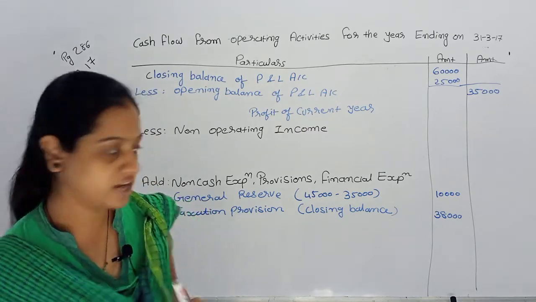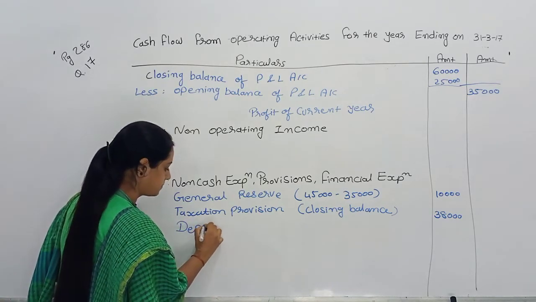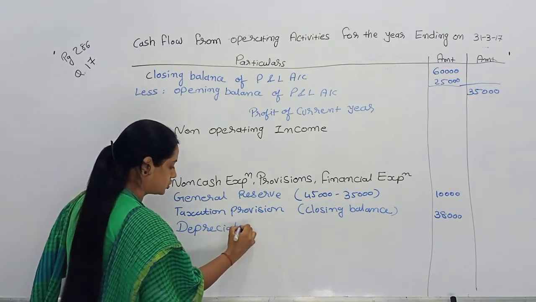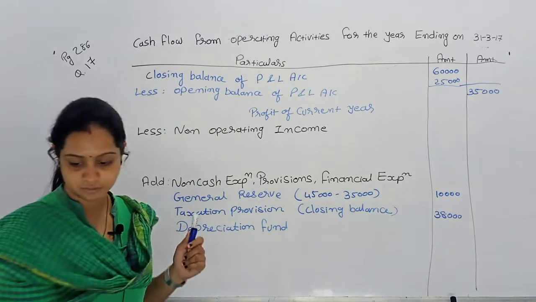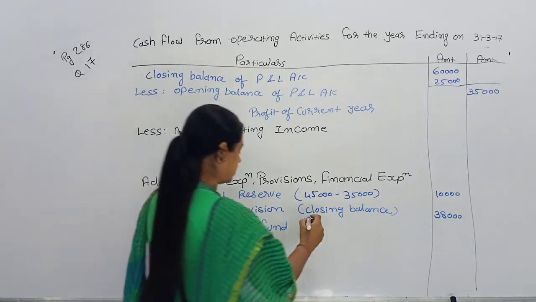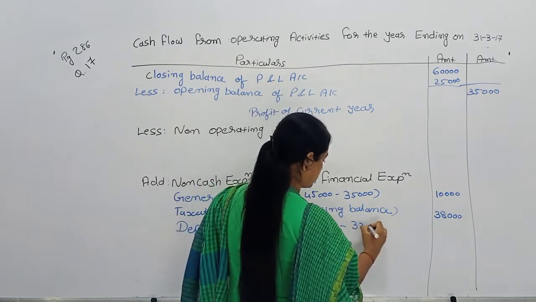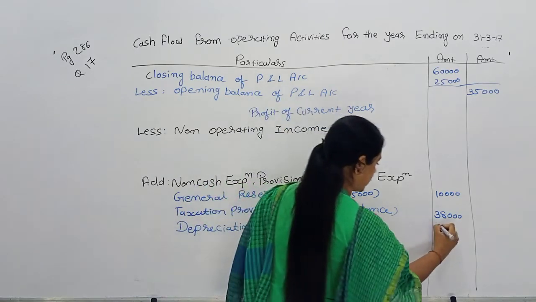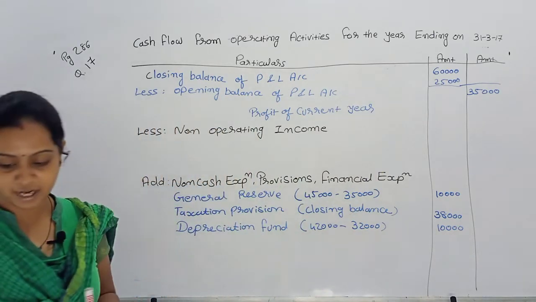Then depreciation fund, that is also our non-cash expense, that's why we'll write it here. Depreciation fund, amount 42,000 and 32,000. So 42,000 minus 32,000. That means during the year we have made 10,000 rupees as a provision for depreciation.